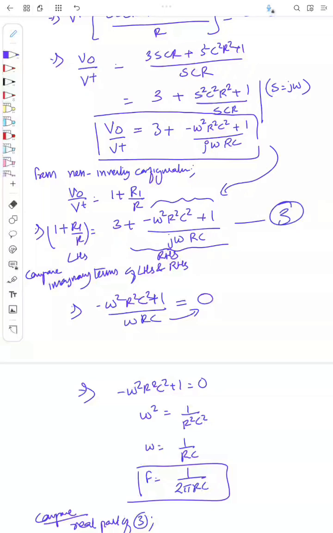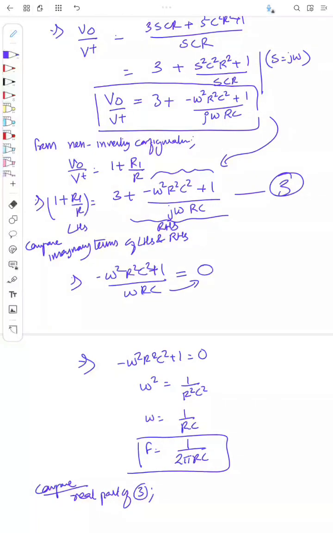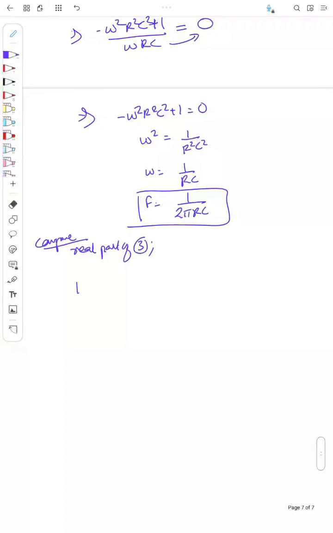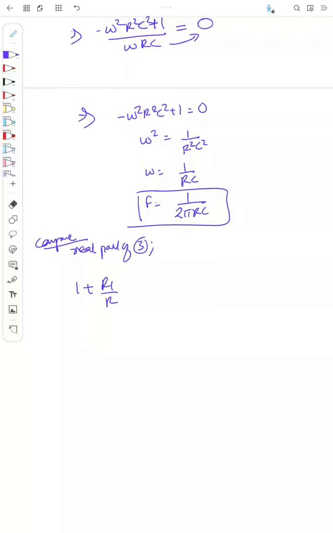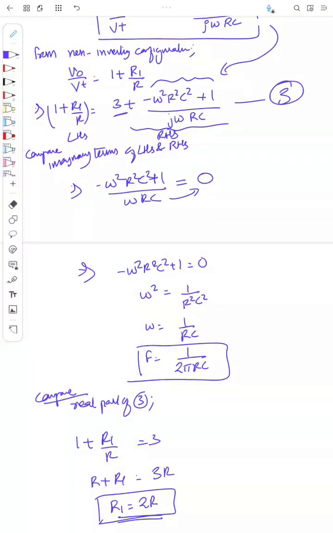Okay, so real part on LHS is 1 plus R1 by R, right? So 1 plus R1 by R is on the LHS, and here the real part is 3. So this is equal to 3. So I can write like R plus R1 equal to 3R, right? If I take the LCM, so R1 will be equal to 2R. So the resistance R1 should be 2R. So this is the answer. R1 should be 2R and the frequency should be 1 by 2 pi RC.